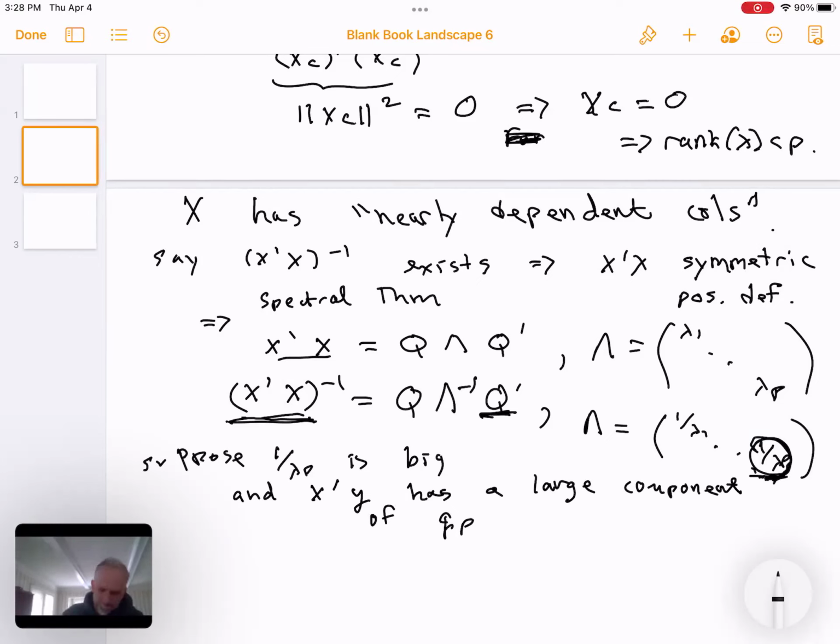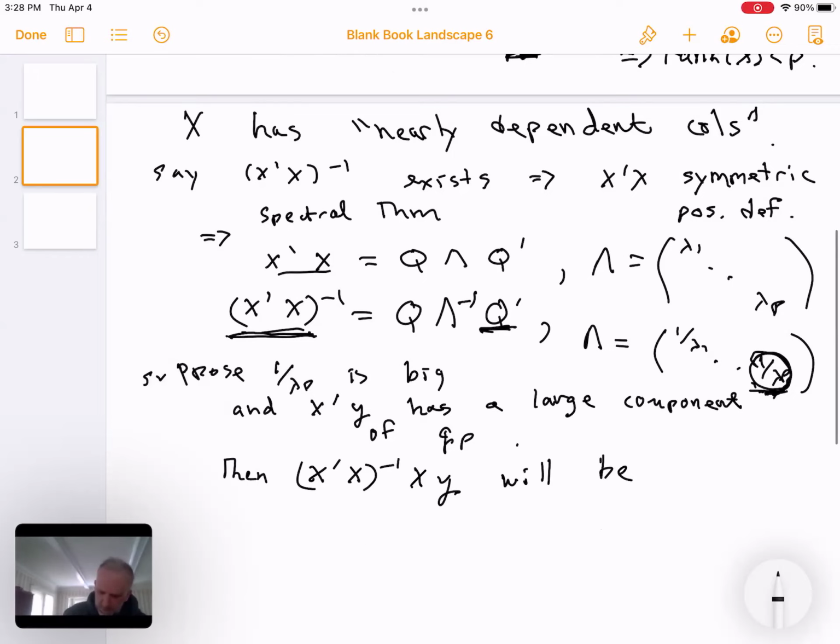Okay, well then X prime X inverse times XY will be large, be big.